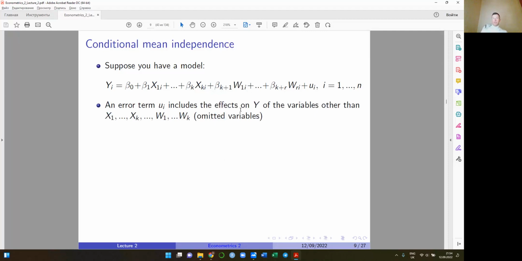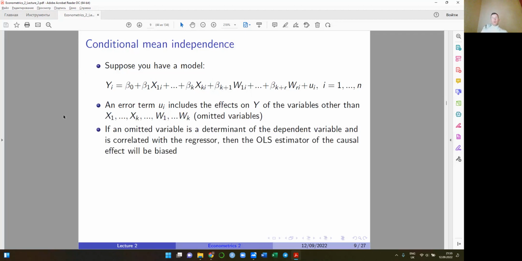The error term is the effect on y of the variables other than the included variables, which we call omitted variables. We know that once an omitted variable is, first, a determinant of the dependent variable, and second, correlated with one of the regressors, then the OLS estimators of the causal effects are going to be biased.